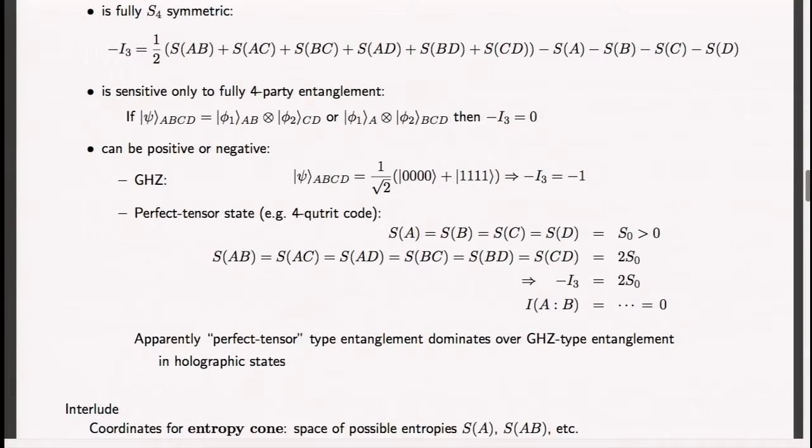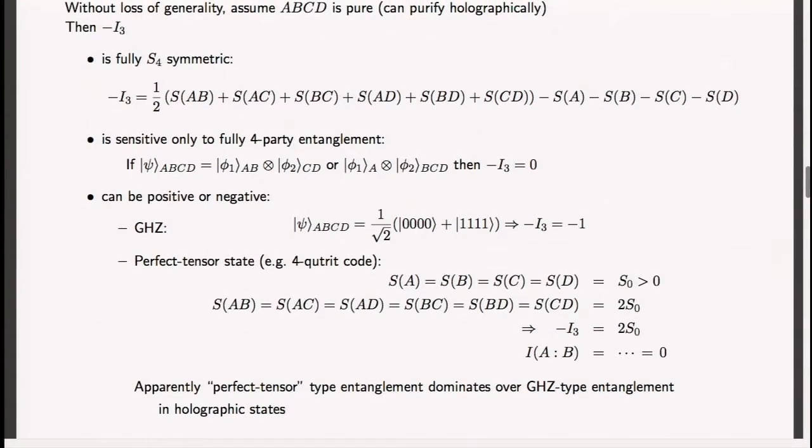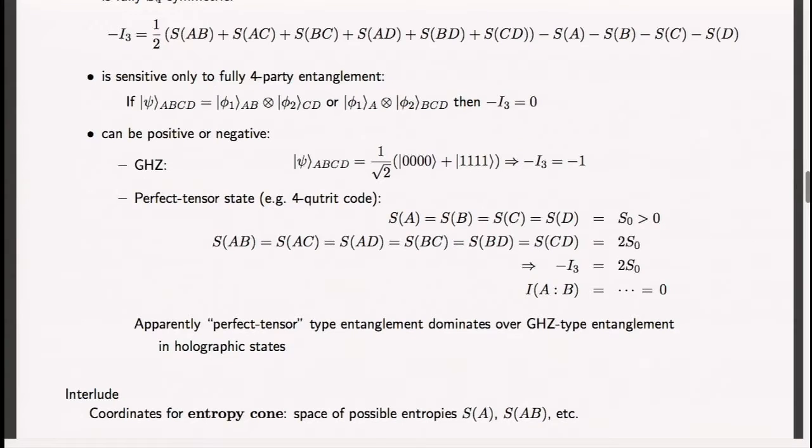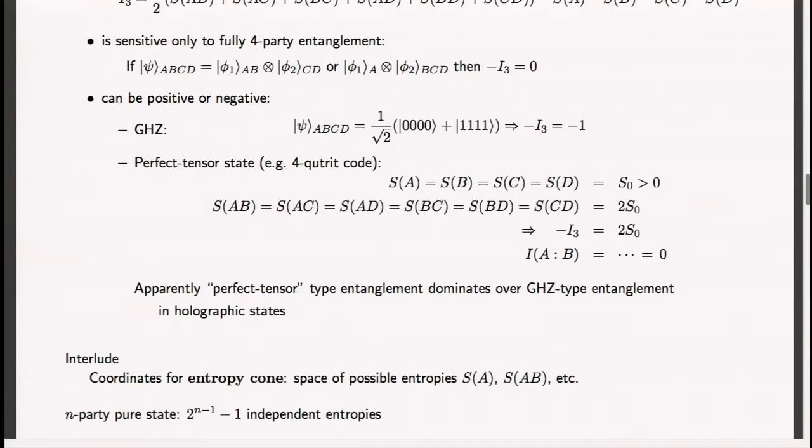Now, it's helpful, actually, when talking about these entropies to change coordinates a little bit, because we're talking about linear inequalities, so we're just going to use a different set of coordinates. One thing I've learned about talking to quantum information theorists is these people really like parties. If you have an n-party pure state, the number of independent entropies you can count is 2 to the n minus 1 minus 1.